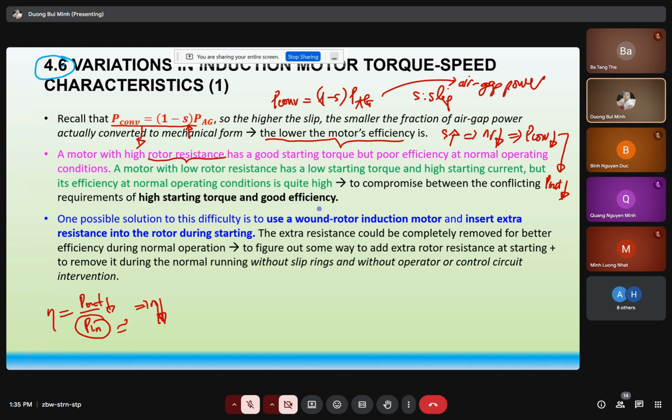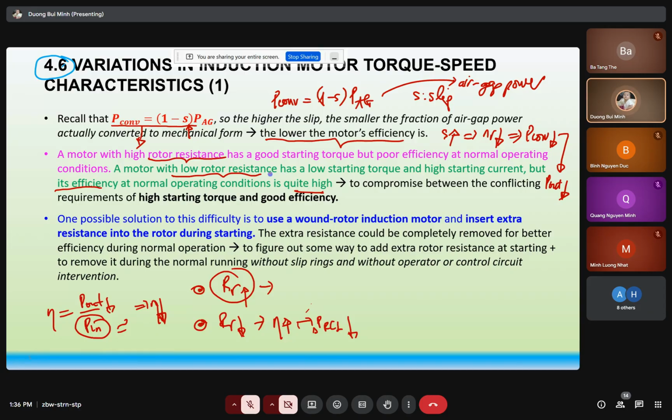So if the rotor resistance decreases, we reduce delta P_RCL, the rotor copper loss, so efficiency is higher.